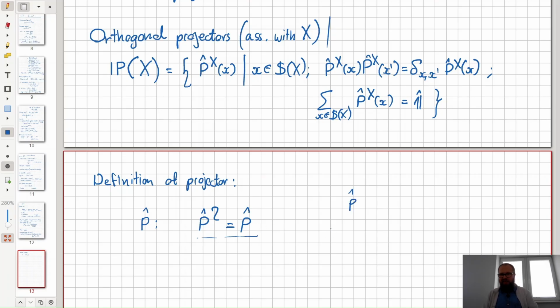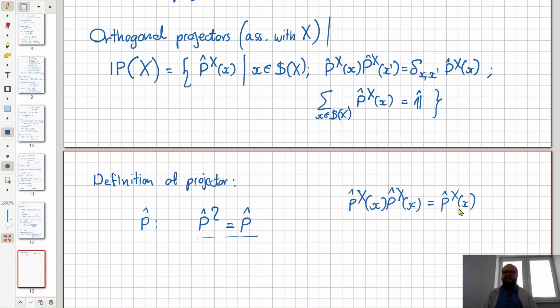If I take P_x and P_x, the delta is 1, and I get P_x. So this tells me that this is a projector.